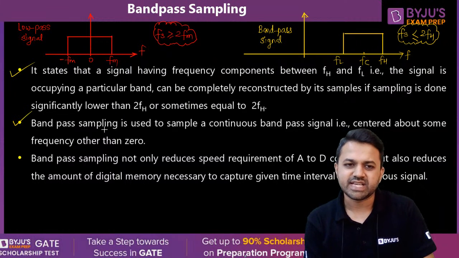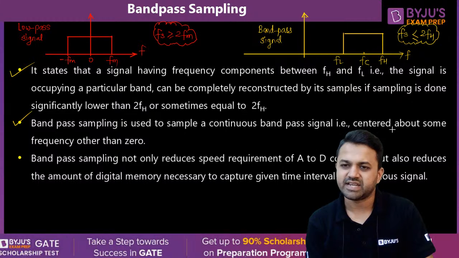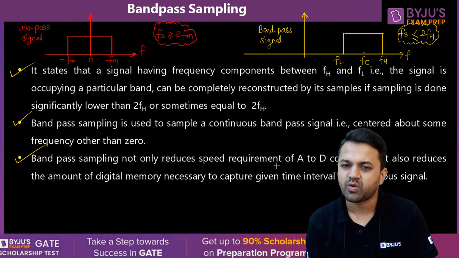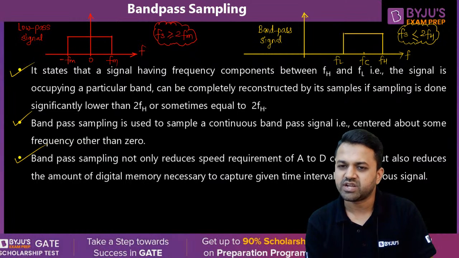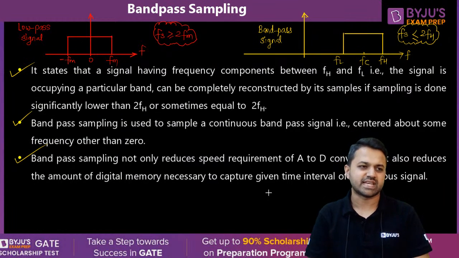Now the second point says bandpass sampling is used to sample a continuous bandpass signal that is centered about some frequency other than 0. Bandpass sampling not only reduces the speed requirement of an A to D converter, but also reduces the amount of digital memory necessary to capture the given interval of continuous signal.